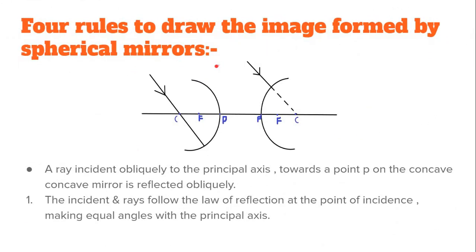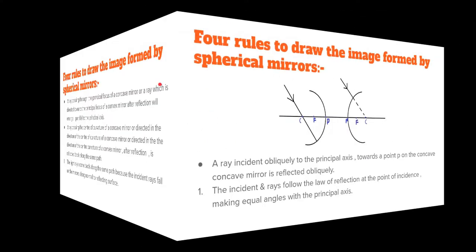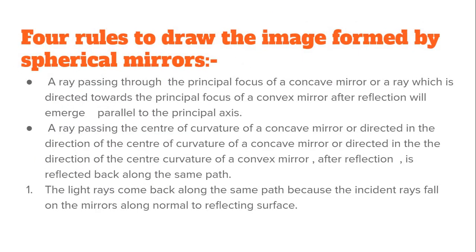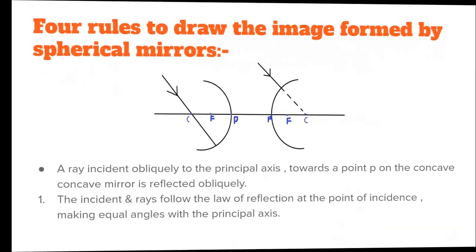So in this case we can see a ray. This is the concave mirror and this is the ray diagram of the point I told you right now. In this ray diagram we can see that the rays passing through the center of curvature will reflect back through the center of curvature, and the light rays come back along the same path because the incident rays fall on the mirror along the normal to the reflecting surface.